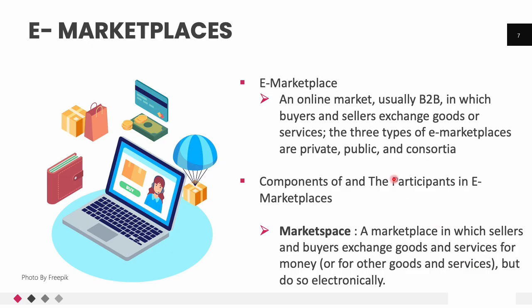A public one is open to all businesses, like eBay Business. And consortia is run by a group of companies in the same industry, like airlines sharing a booking system, something like that.